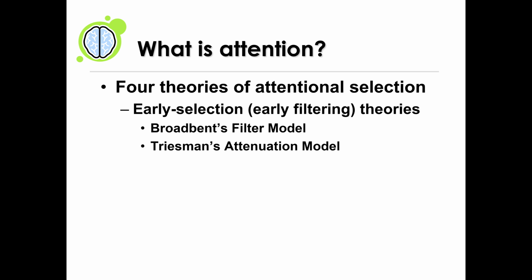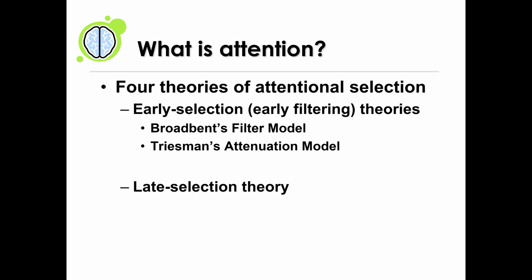These are going to be the early selection, early filtering. This is going to be information is filtered early in these theories. There are two: Broadbent's model as well as Treisman's model. The late selection model is going to be late filtering. So filtering occurs, but it only occurs late in the process of attention.